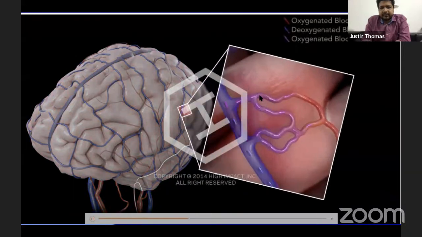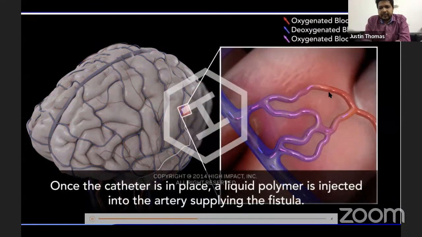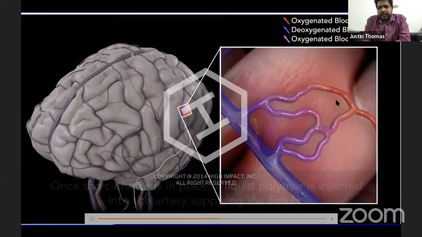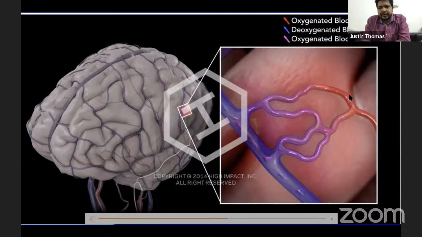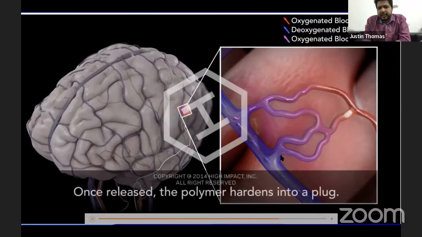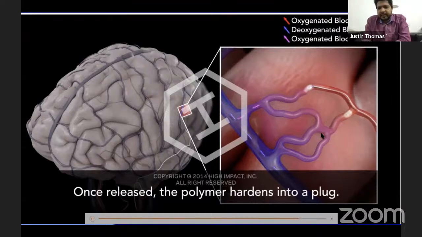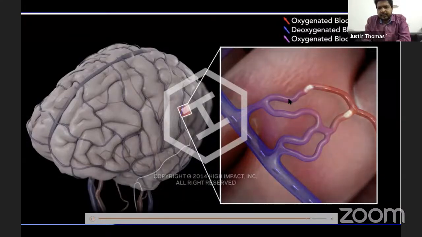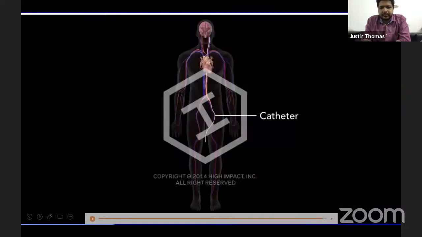Then arterial feeders should be identified, and this onyx is injected till the blood supply through the arterial feeders and nidus is stopped, and there should not be any reflux of the onyx to the other vessels. After complete obliteration of the blood supply, this procedure can be stopped.